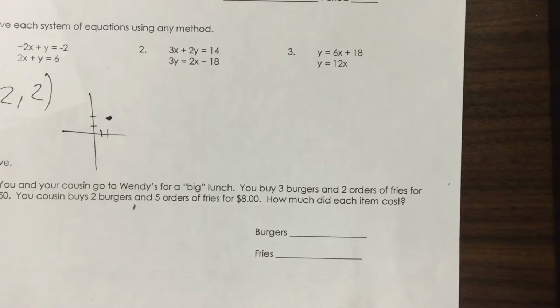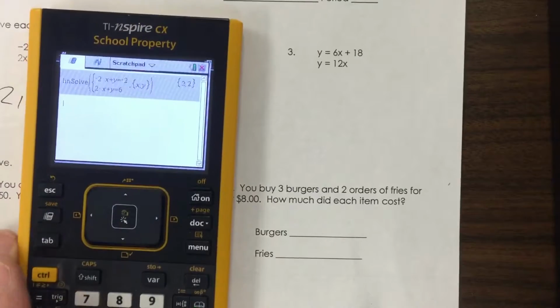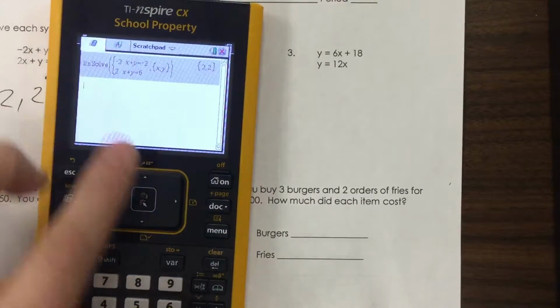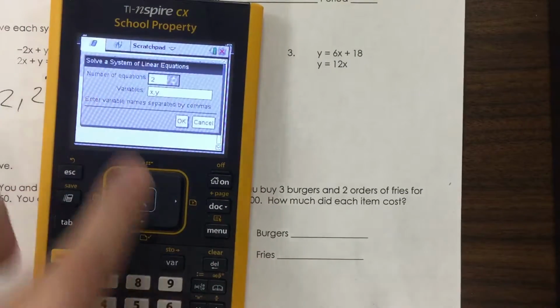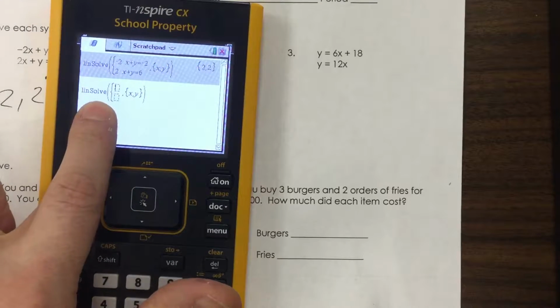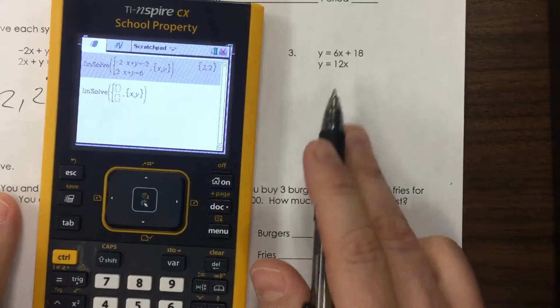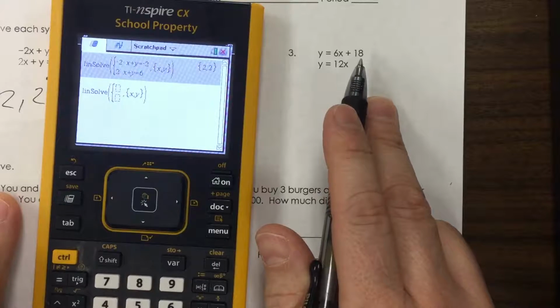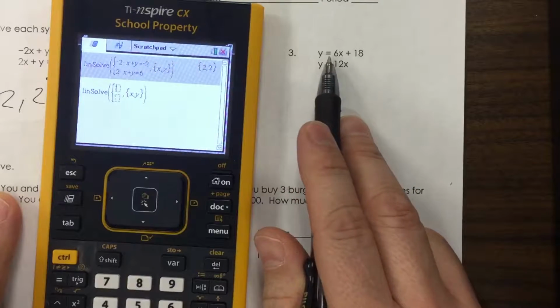Let's do number 3. Okay, I don't have to clear this out. I can just do menu 3.2 again, push enter, and there'll be another LinSolve right below it. I'm going to type in y equals 6x plus 18. Don't forget, you do have to type in the y equals.